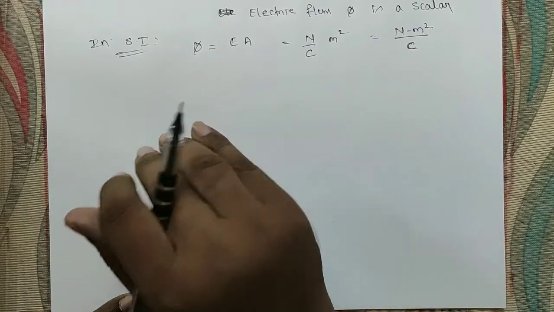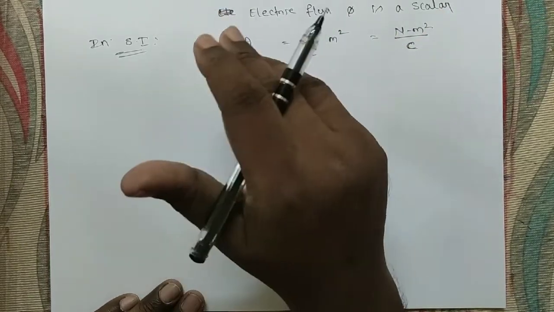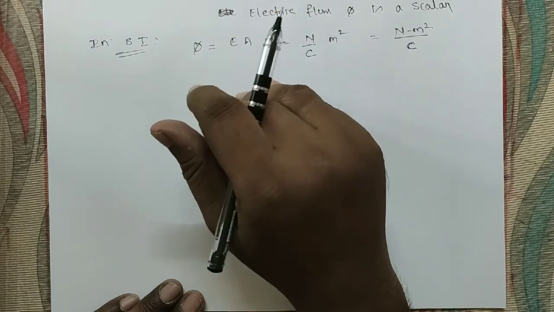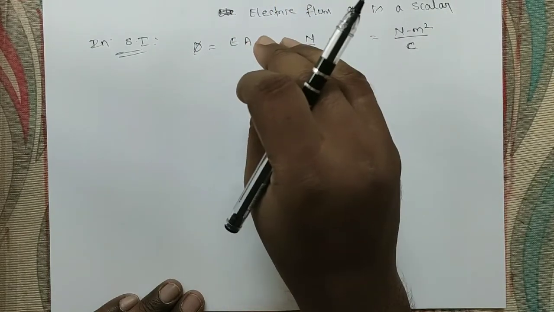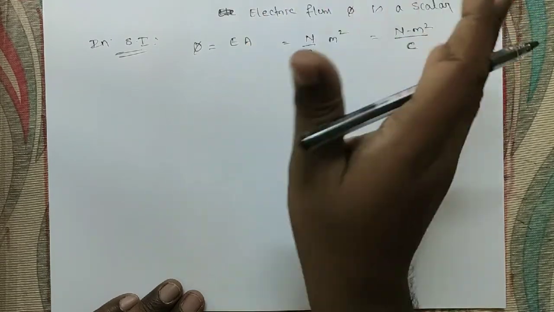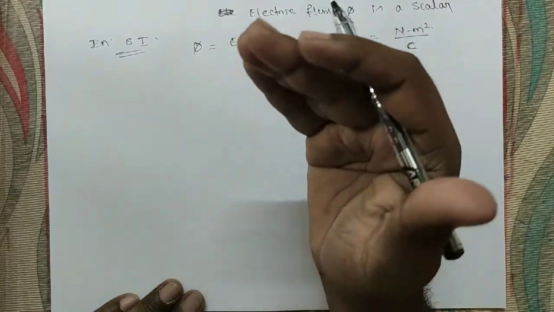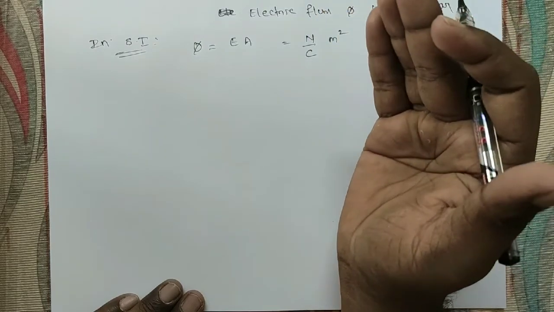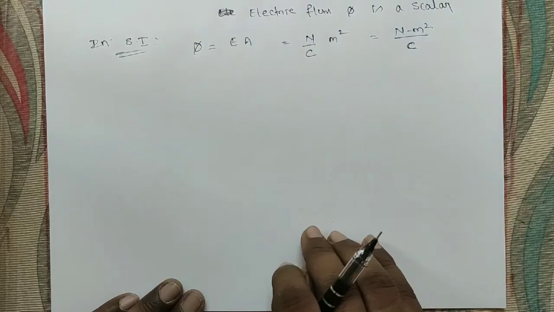Next, for the uniform field case, we generally take the scalar product E bar dot A bar. But if the electric field is non-uniform, or the surface is not plane and is a curved surface, in such cases we have to follow an integral expression.